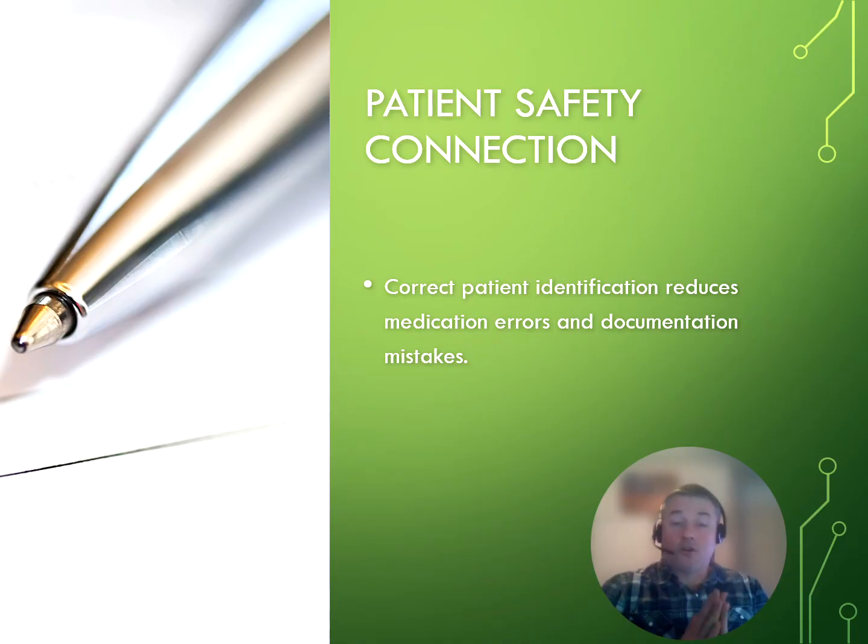So correct patient identification is directly connected to patient safety outcomes. So when nurses consistently verify these identifiers, they're going to reduce the risk of medication errors, patients getting the wrong procedures, mistakes or errors within the documentation, and HIPAA or patient privacy violations.